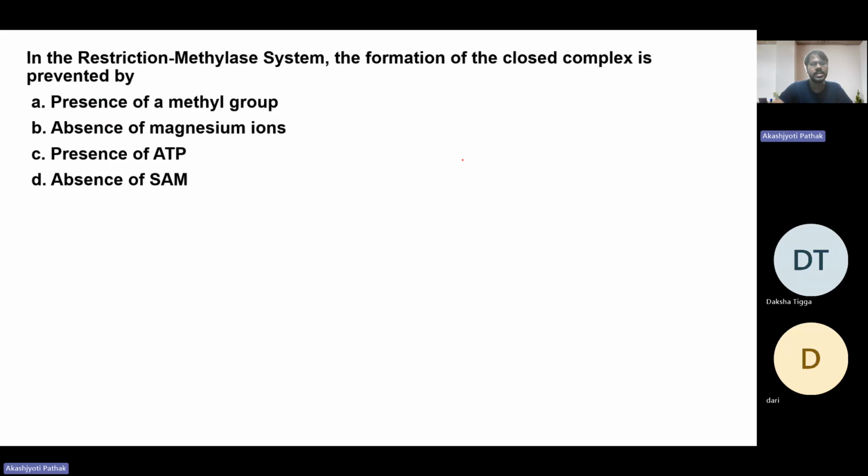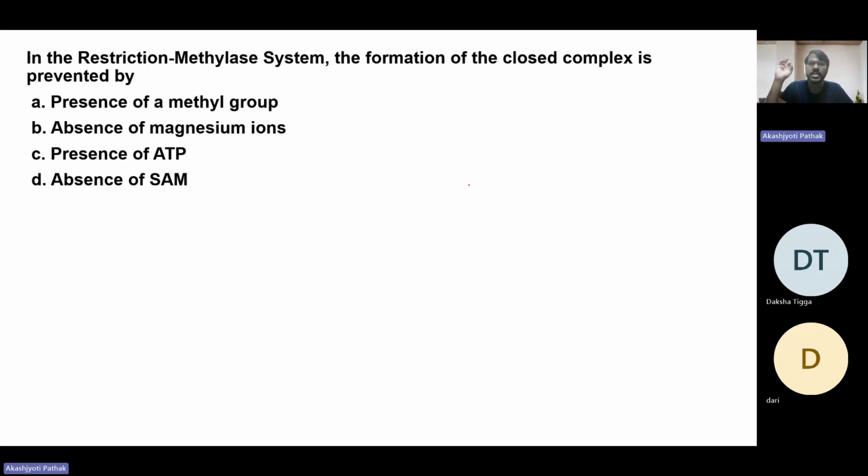So this is one of the questions that comes directly if you have understood the concept. In the restriction methylase system, the formation of the closed complex is prevented by what? Option A is presence of a methyl group, option B absence of magnesium ions, option C is presence of ATP, and option D is absence of SAM. So the closed complex was not able to form.